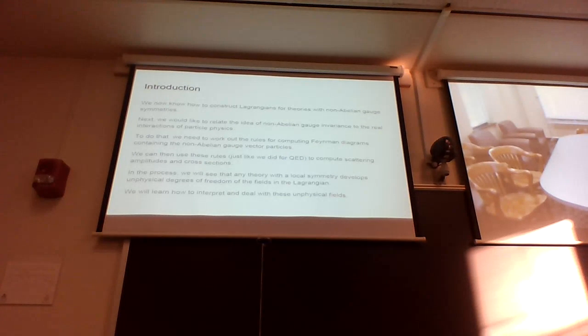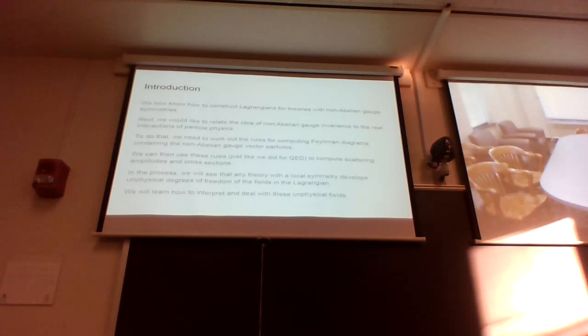But it's all the same rules. Once you have the rules, you just follow the recipe. Like I said, there will in general be more diagrams, and maybe what you average over might change a little bit depending on the structure of the gauge group you're using, but it's all the same.